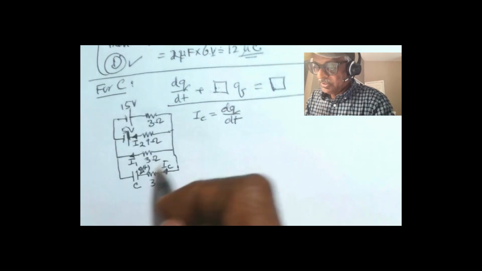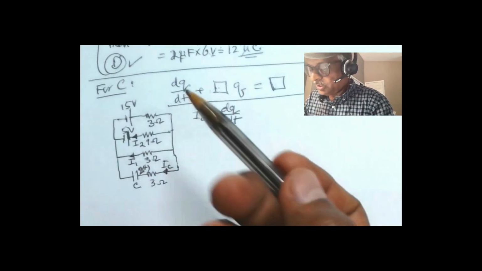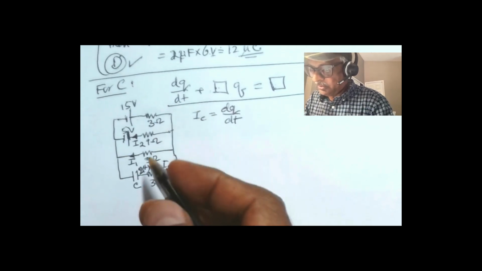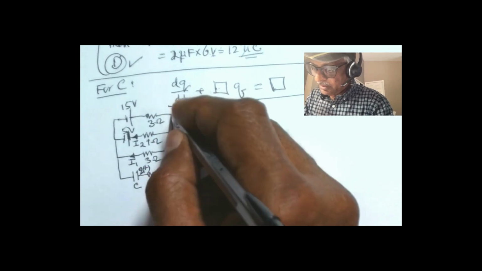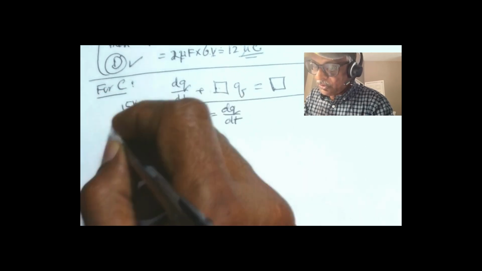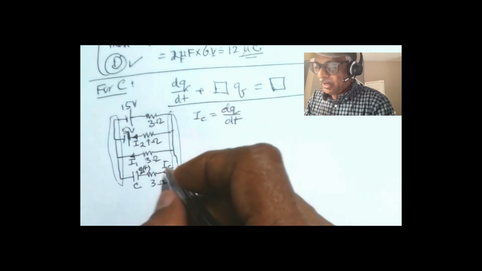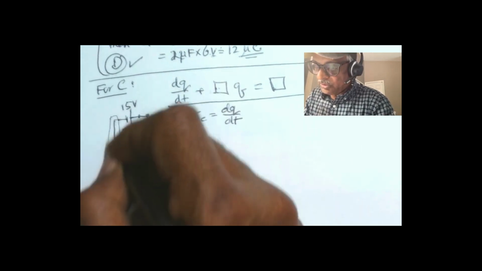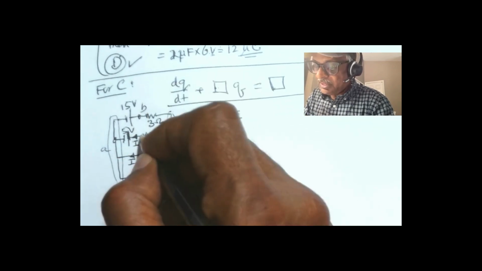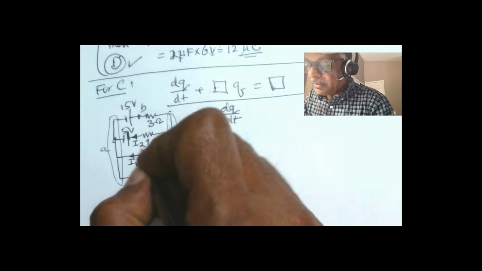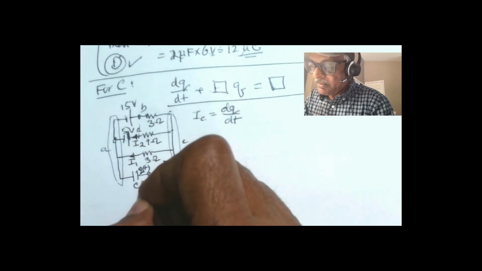Okay, so I've redrawn this circuit, and I'm going to use it to generate equations. This is one node, this is another node, just like before. This whole thing is A, this whole thing is C, this is B, this is D, and this is E. I'll just write the equations.